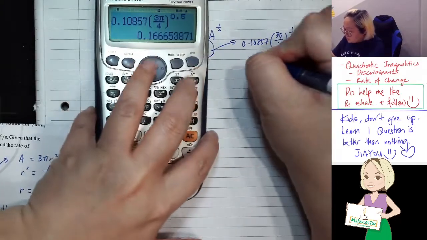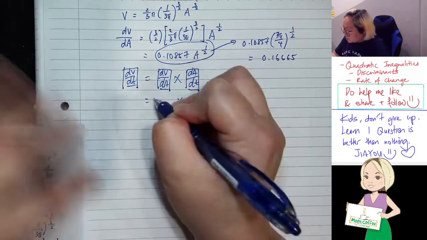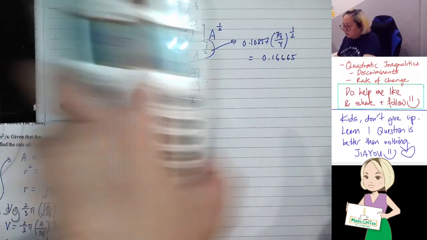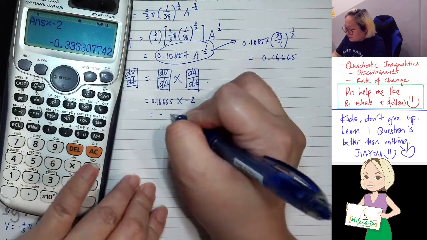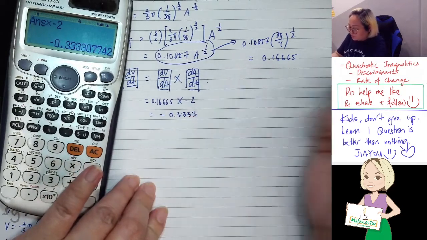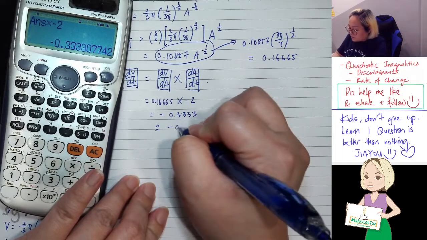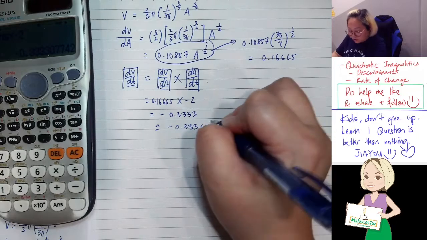It will give me 0.16665. Here will be 0.16665 times negative 2. So I will have negative 0.3333. Round it off to 3 SF, negative 0.333. Volume, so it is cm cubed per second.